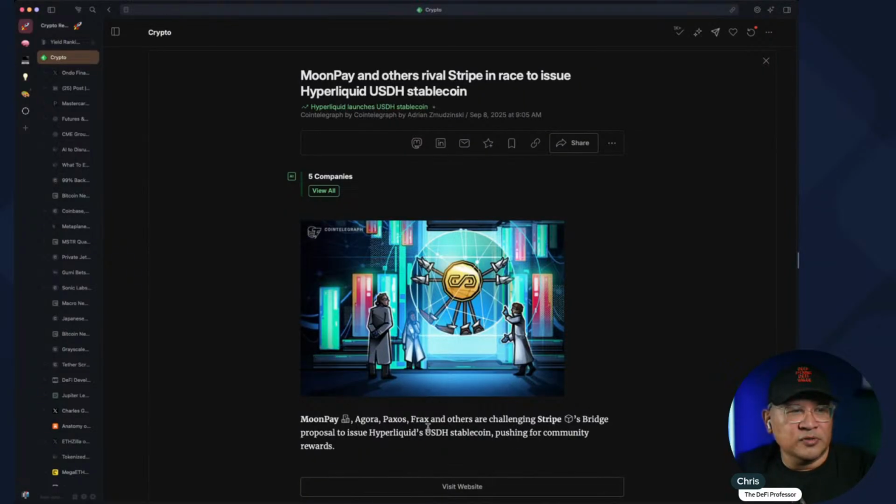MoonPay, Agora, Paxos, Frax, and others are challenging Stripe to issue Hyperliquid's USDH stablecoin. I don't think it's all that interesting, but there's already a couple different stablecoins on Hyperliquid.